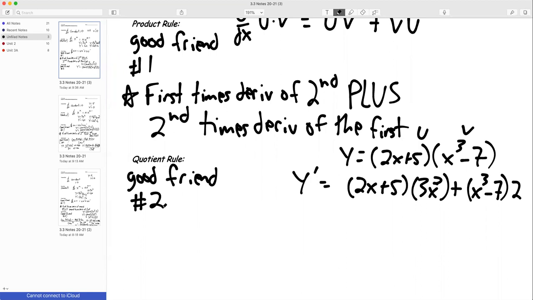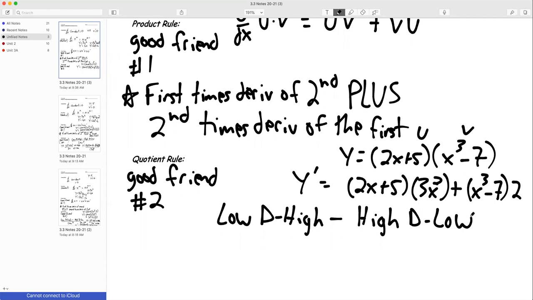And you get to a little multiple choice problem that is the quotient rule, and you think to yourself, lo D hi minus hi D lo over lo squared, got it. And you get it correct.